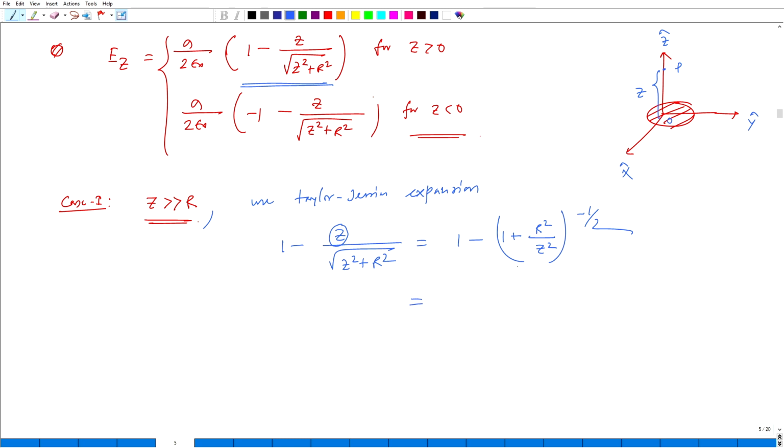Now we expand this in the power series expansion.